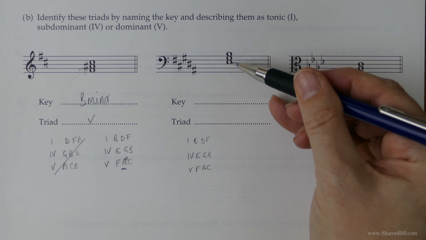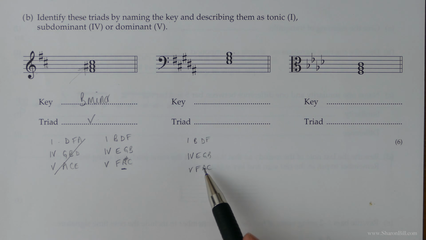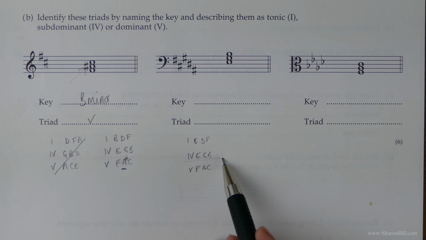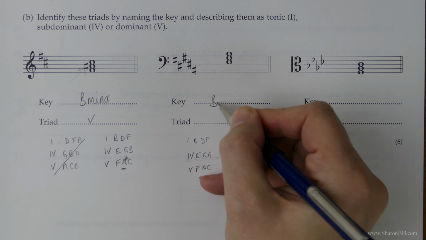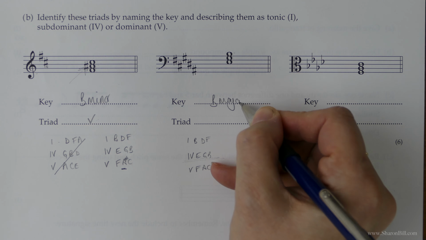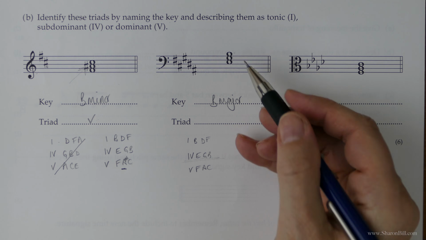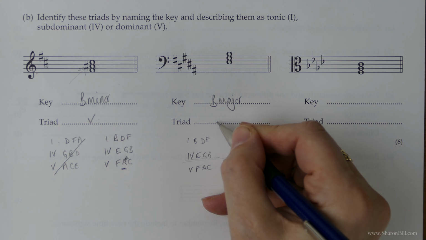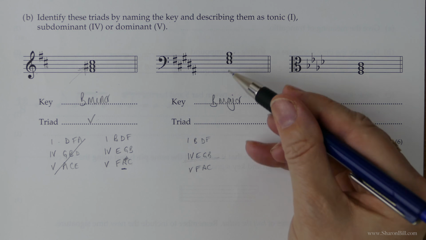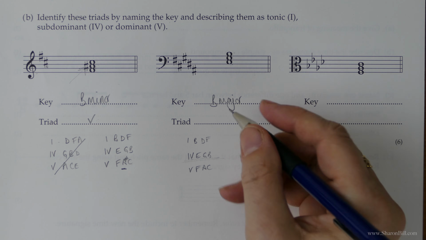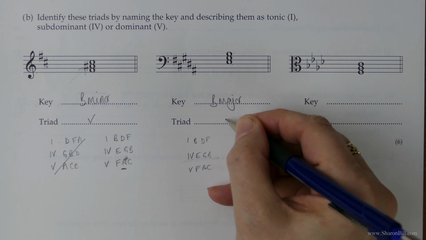Now here we have E, G, B. We can see that's chord 4 here. That suits perfectly. So we can say with confidence that this is in the key of B major. It's not the relative minor key. And chord 4 fits perfectly. If you thought that was in the minor, if that was G sharp minor, none of your triads would fit this choice here. So it's chord 4.